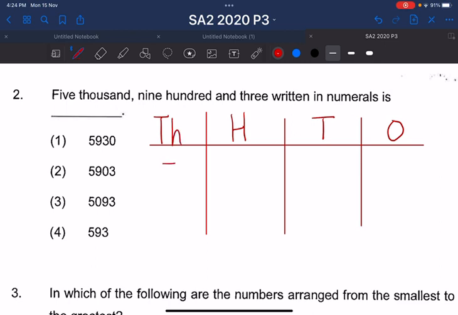So 5,000 will be 5 in the thousands place. 900 will be 9 in the hundreds place. Now 3 is just the digit 3 in the ones place. If there is any space in between which is not filled up, you'll fill it with a placeholder called 0. So the answer for this case is 5,903. So the answer for question 2 is 2.